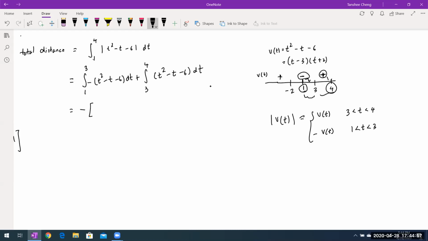Integrating this portion, that will be t to the third power over 3 minus t squared over 2 minus 6t, evaluating from 1 to 3. I'm going to add it with the integral of the second part, t to the third power over 3 minus t squared over 2 minus 6t, evaluating from 3 to 4.